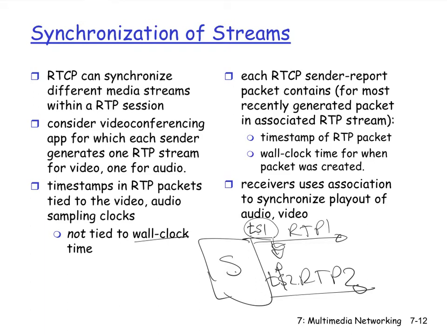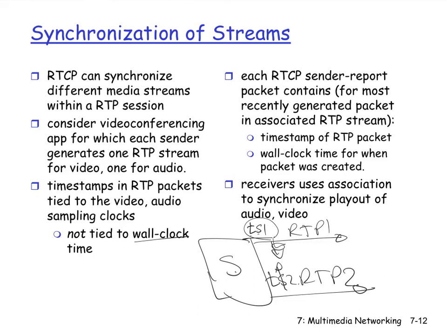We can not only know when this packet is played out, but we can also synchronize this packet with other packets in the other streams, because the wall clock is relative to the host itself. So this is a common time for all the streams, not just one stream. We can use it to provide complete synchronization between audio and video.